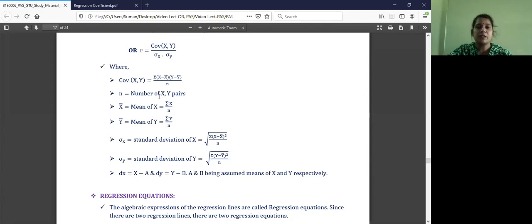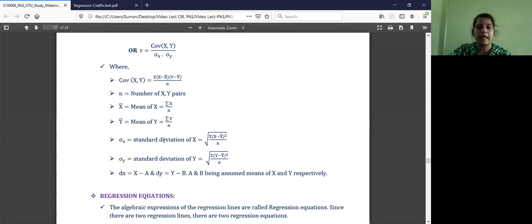n is equal to the number of x comma y pairs, that means the number of terms of x and y. X bar is equal to the mean of x, which is summation x upon small n, where small n means the number of terms. Y bar is equal to the mean of y, which is summation y upon small n.